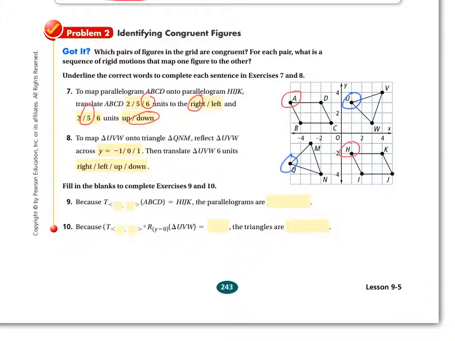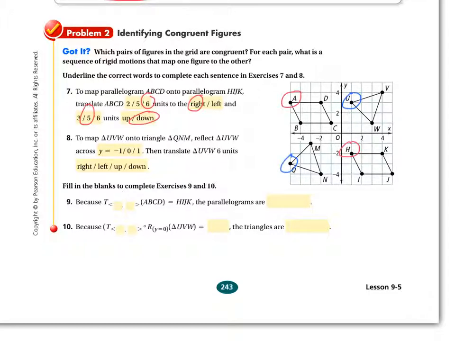And if I just do a translation, 1, 2, 3, 4, 5, 6, 1, 2, 3, 4, 5, 6, 6 to the left, 6 down. Does that work for V and N? 1, 2, 3, 4, 5, 6. 1, 2, 3, 4, 5, 6. That didn't work, did it? So it can't be a translation.